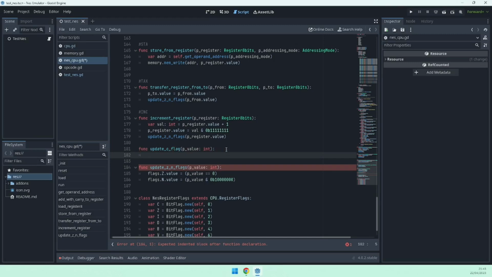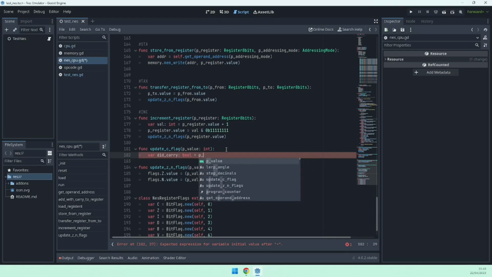What I understand here is I can create a variable, did carry, that is a boolean, and this can be the value and 0xFFFF.